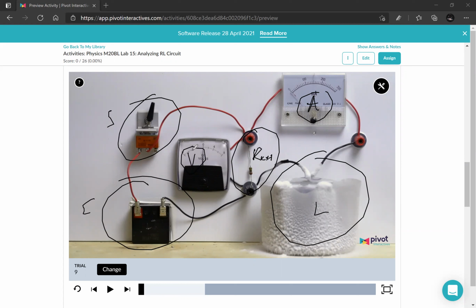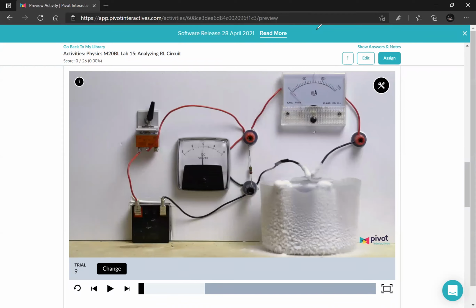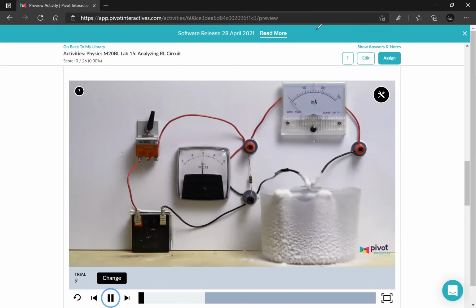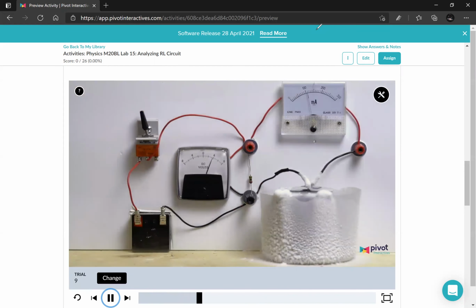Okay. So our experiment will be based on measurements of the voltmeter and ammeter. You can see right now, if I make a measurement and close the switch, the current doesn't just go to maximum, but slowly goes to the maximum. Then we open the switch, and again, the current doesn't go to 0 immediately, but slowly goes to 0.